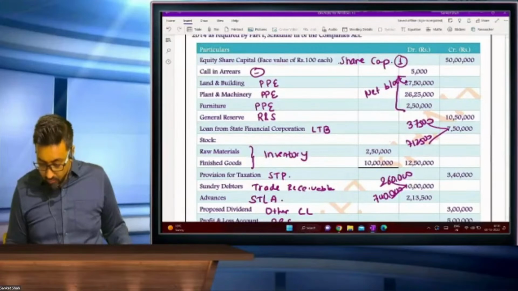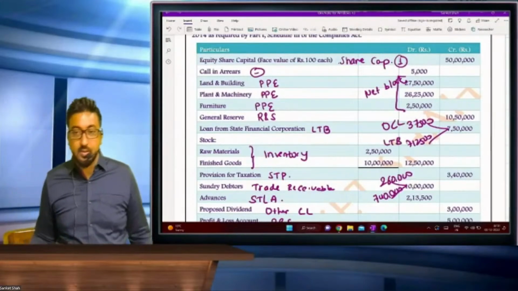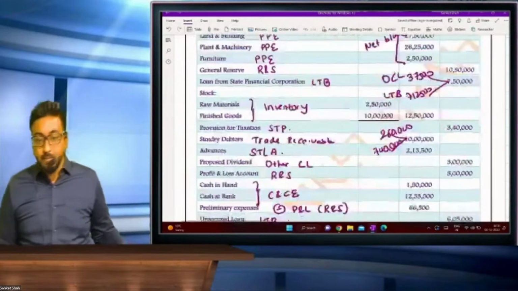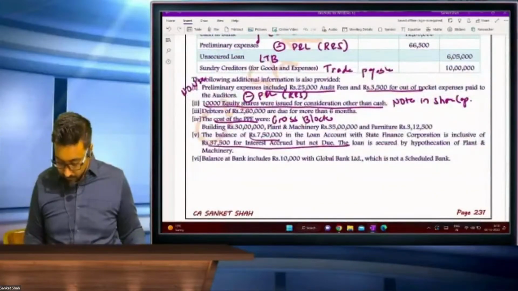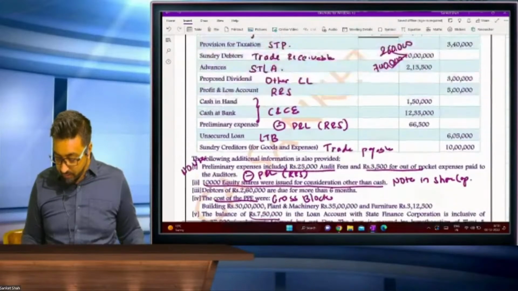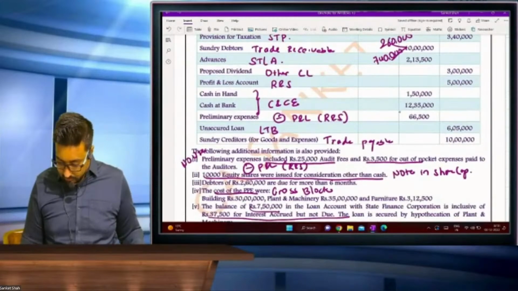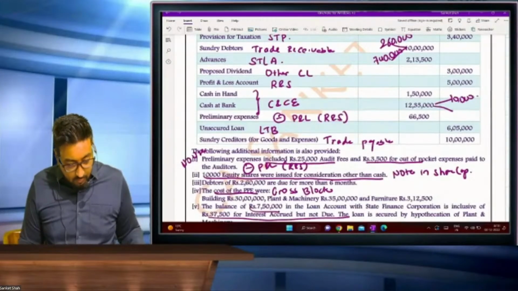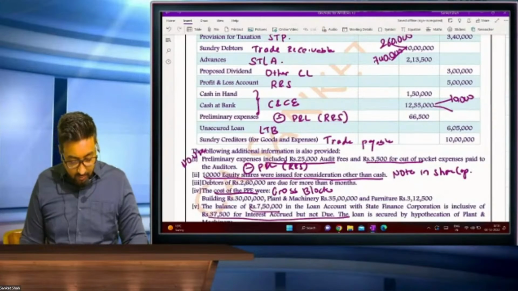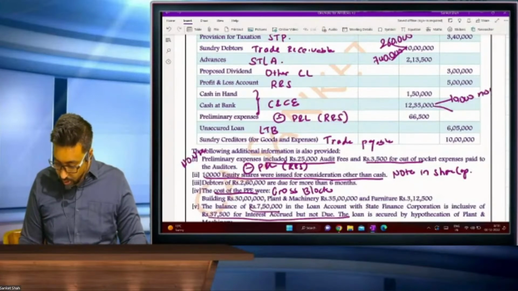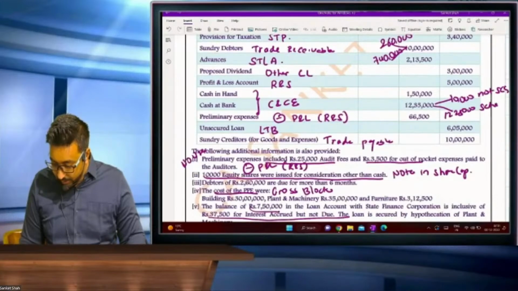So now this is other current liability and long-term borrowings. Balance at bank 10,000 with global bank, which is not scheduled bank. So 10,000 cash and cash equivalent, not scheduled, and 12,25,000 scheduled.